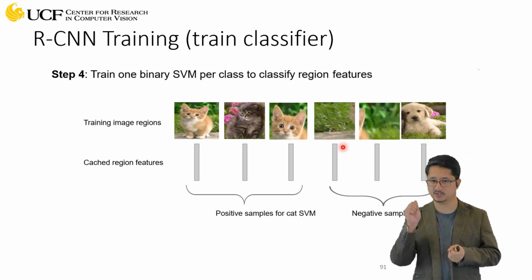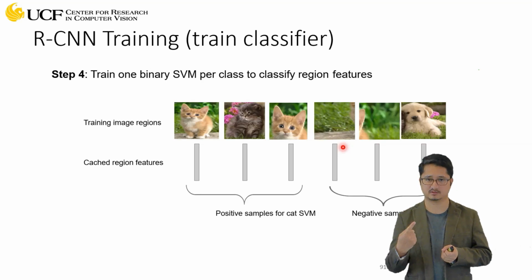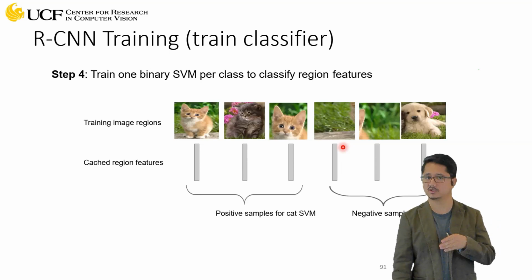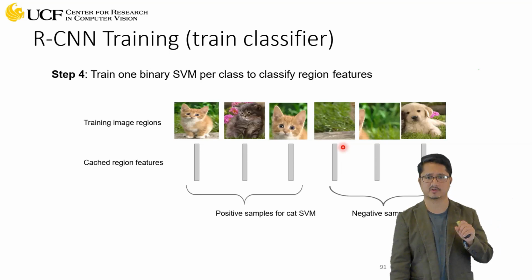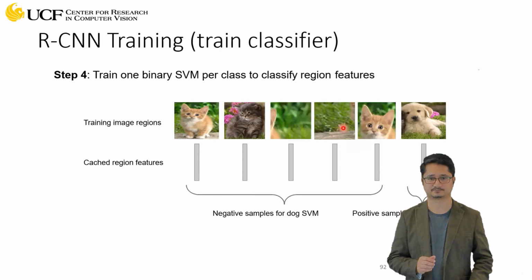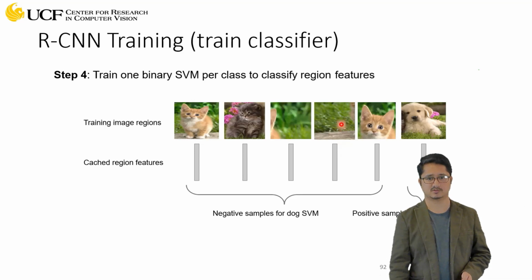And what you do is for each class, you train a binary SVM. So if you have 1,000 different classes, 1,000 different SVMs. VOC has 20 different classes, so 20 different SVMs. Again, which is kind of cumbersome, not that trivial. Okay, so this will be the training data, which will look something like this for dog. This is the positive sample and all these will be negative.